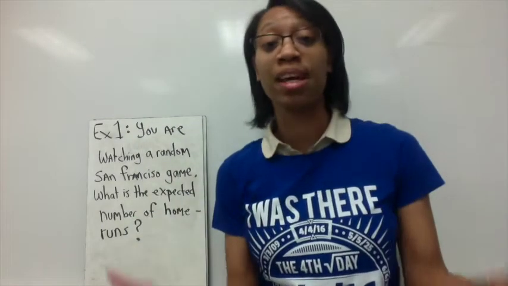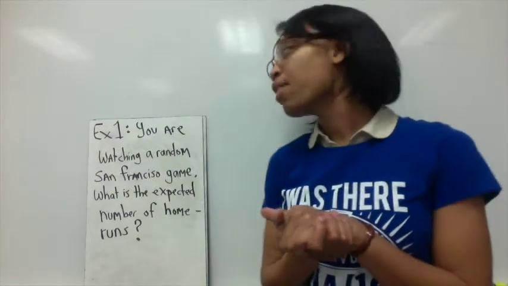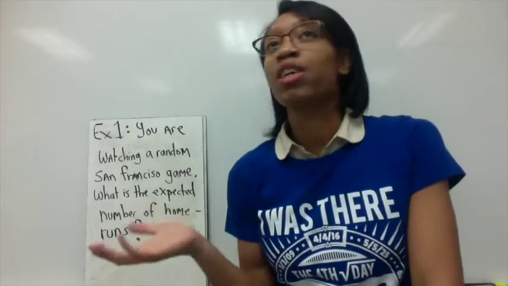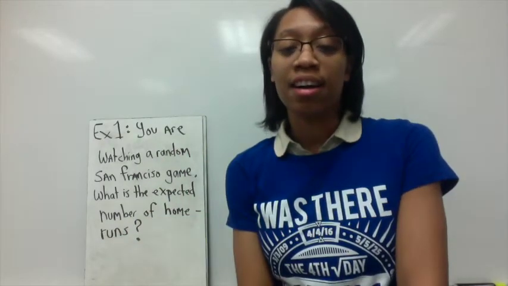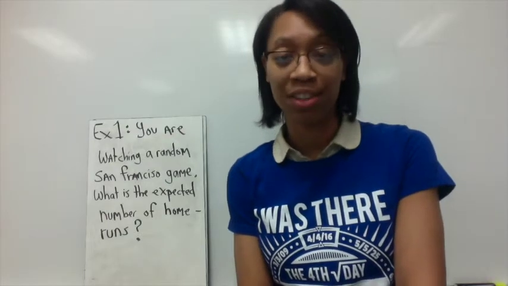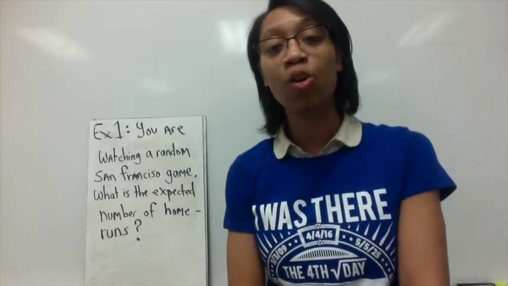So here's a quick example. Let's say you're watching a random baseball game. San Francisco's playing, and you want to know the expected number of home runs this game. How many home runs can you expect?